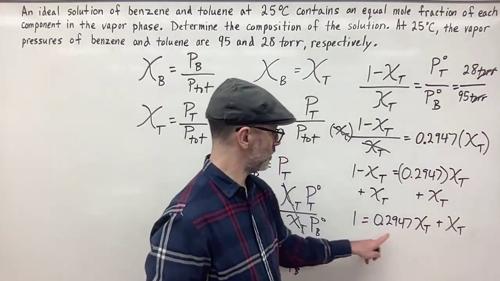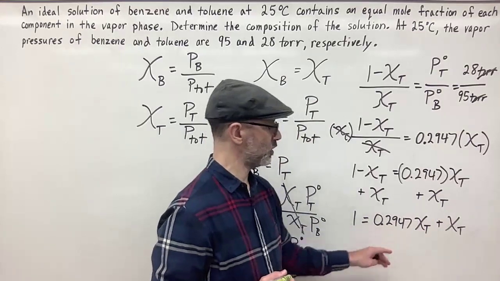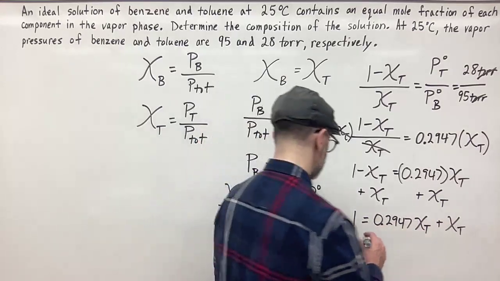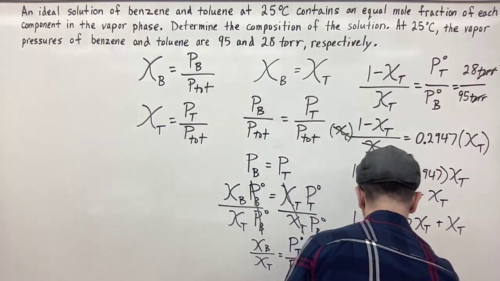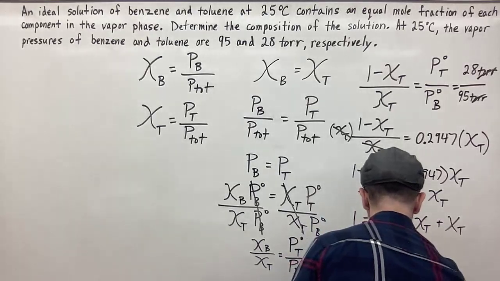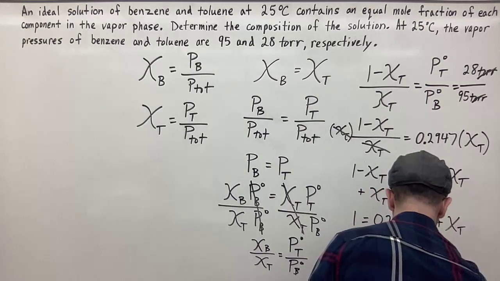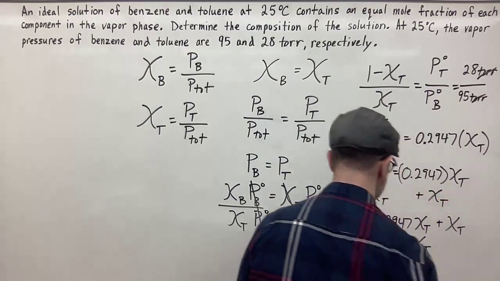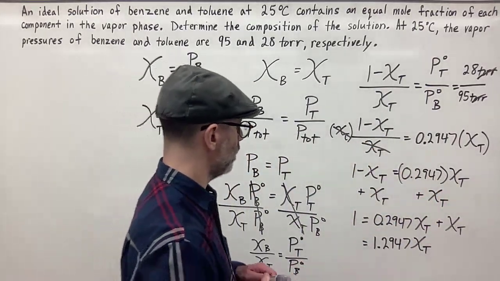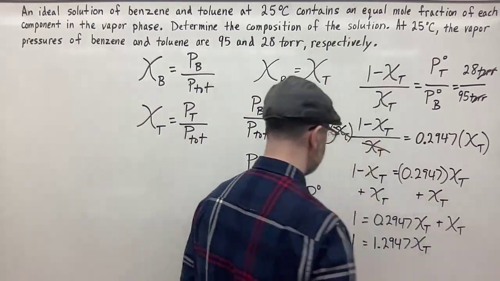This is 1. This is 0.2947. So that added together is going to give us 1.2947. So I'm adding like terms together, and that's equal to 1.